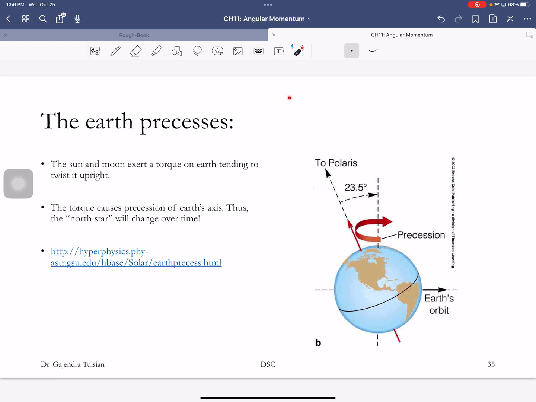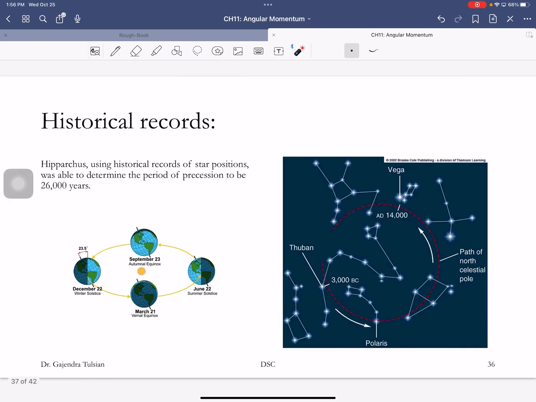It's just the star that's right above the axis. Over thousands of years, the North Star has changed. 5,000 years ago, that was the North Star. This is the North Star today. You can calculate how long it takes for the Earth's axis to precess, and it turns out to be 26,000 years.